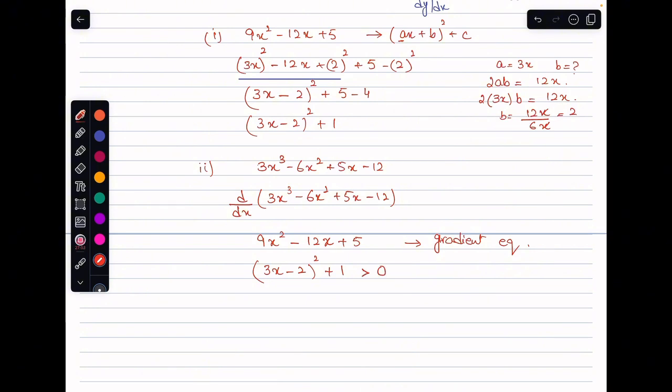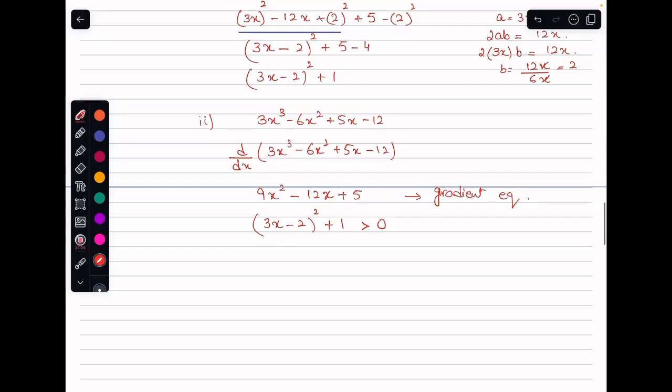So if this function is greater than 0, what is the reason? Because 3x minus 2 the whole square is quadratic.